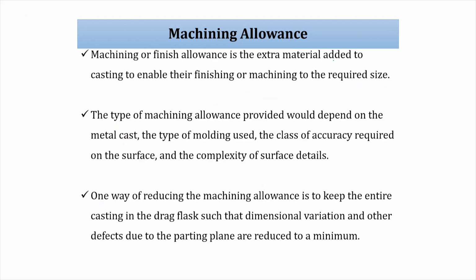Okay. Now, after the addition of shrinkage allowance, what will happen? When we do casting, contraction will happen, and due to contraction we have already added a shrinkage allowance. Now, there is sand around it.